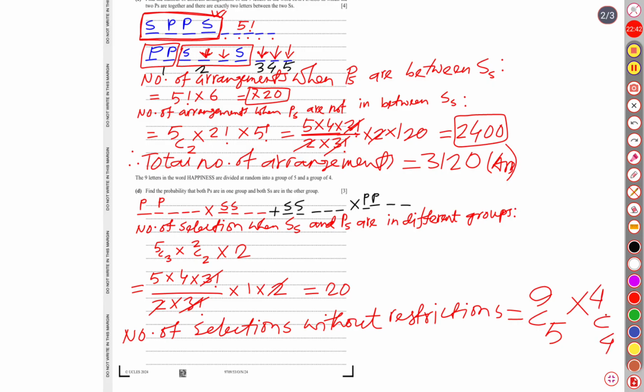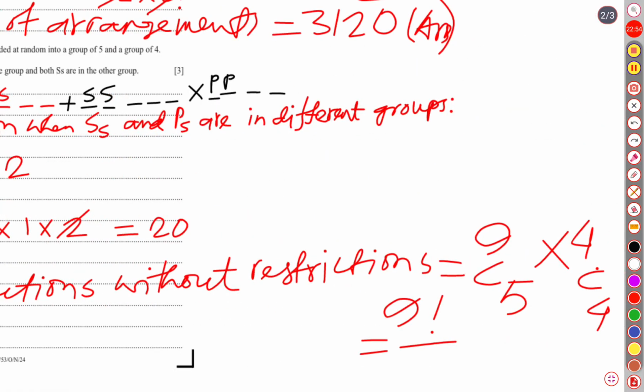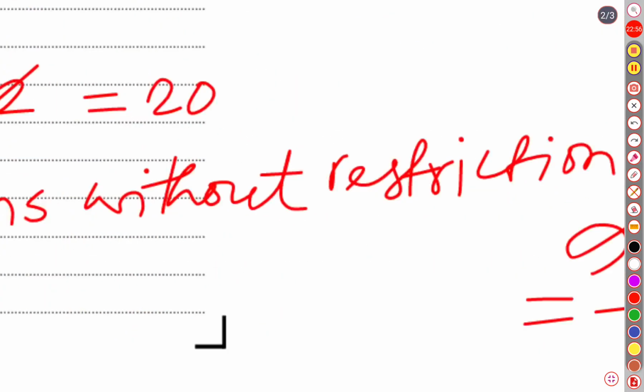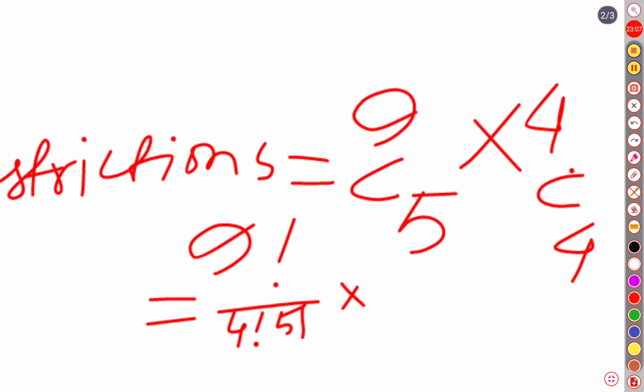So what is it going to be? 9 factorial over 4 factorial as well as 5 factorial, into 4 choose 4. 4 choose 4 means actually 1.